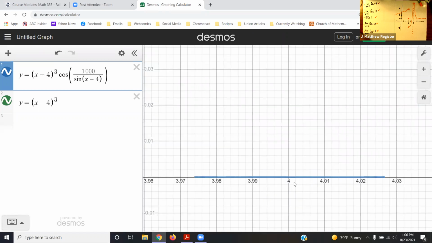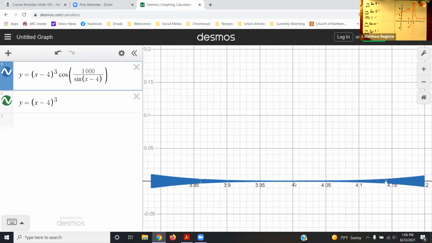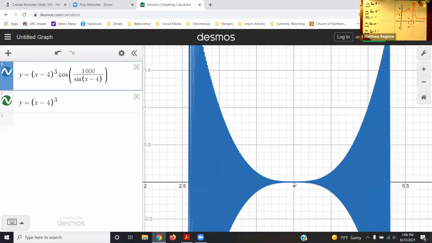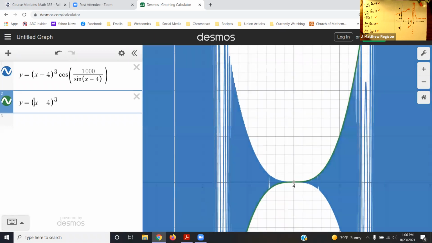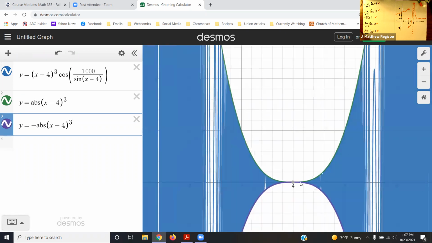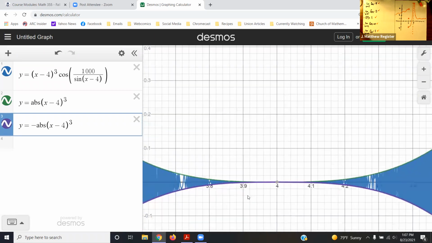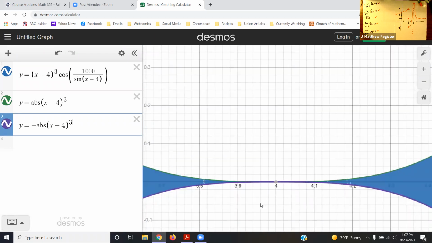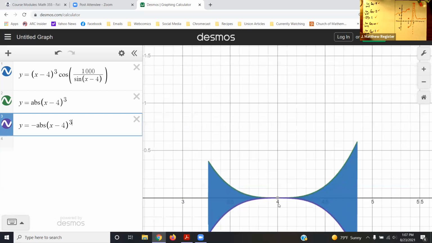So this function is being squeezed between two other functions. The two functions I think would be the absolute value of this, and then y equals negative absolute value of x minus 4 to the third. That gives you the top function and the bottom function if you look closely. And so that's our squeeze theorem.